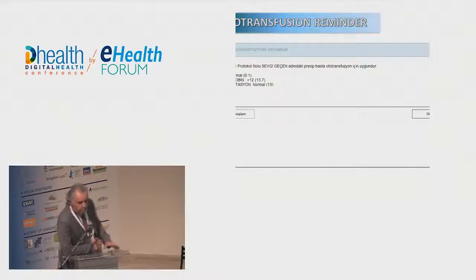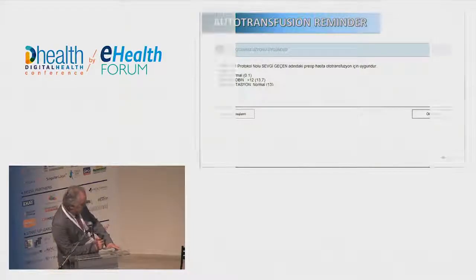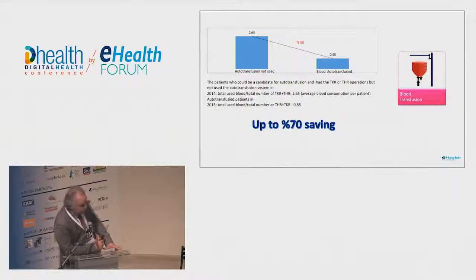So the system alerts, actually not alerts, reminds you that this patient is eligible for autotransfusion, and we get one pack of blood from this patient to use during the operation. This way, we have about 70% saving in the consumption of blood during the operations.